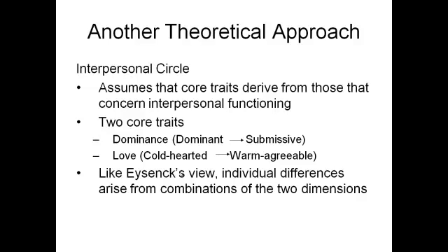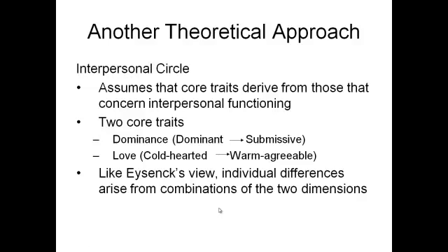So you're either going to be essentially dominant or submissive, cold or warm, anywhere on a continuum on these core traits. And essentially your combination of high, middle, or low dominance, and high, middle, or low cold-heartedness, somewhere within these dimensions, the intersection of those really describes your personality.